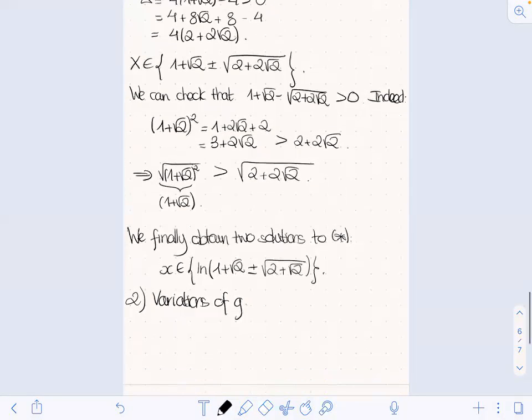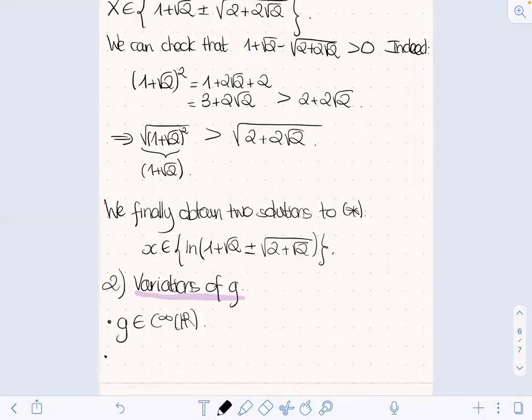So the first thing, g is C infinite on R. We've seen that the hyperbolic sine and cosine are C infinite on R, and this is just a combination of the two. That's the first thing that we can say, and it allows us to justify any differentiation we do.